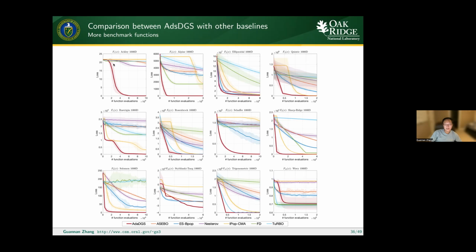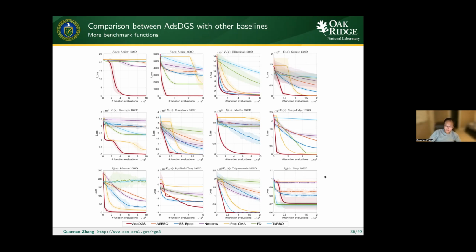It also does not affect the performance of our method in optimizing multi-modal functions like Ackley, Rastrigin, Schaffer, and Quintic. Those are the typical multi-modal functions.